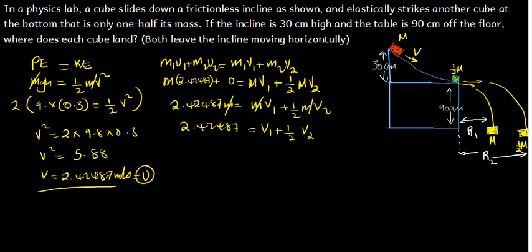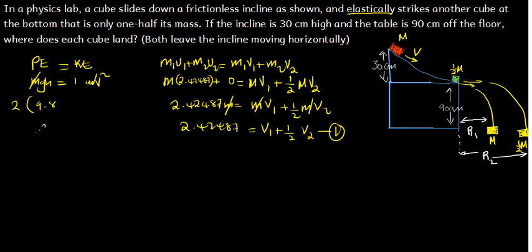Let's call this our first equation, and because we have two unknowns in it, we're going to keep it like that. Now, our problem has told us that the two masses hit each other elastically, meaning kinetic energy was conserved.